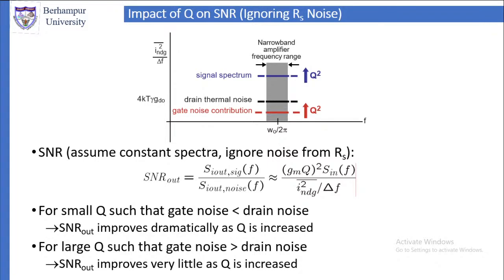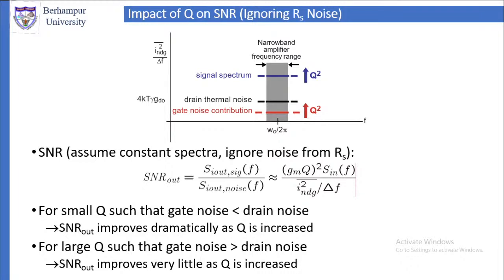Now consider what is the impact of Q on the signal to noise ratio. SNR means signal to noise ratio. We are ignoring the noise due to Rs, so source noise we are ignoring. Look at this figure.